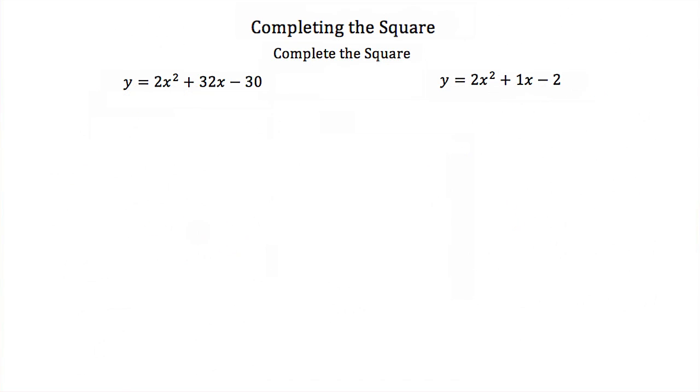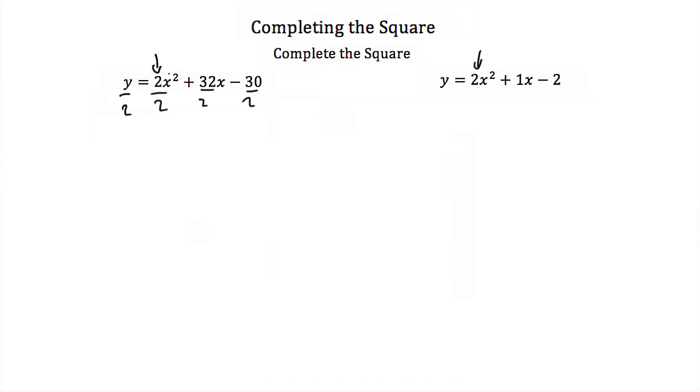Now notice up until now, all of our quadratic equations that we've been completing the square on have had a quadratic coefficient, or leading coefficient, of 1. So can we still complete the square when we have a leading coefficient that's not 1? Well, no. So if we want to complete this square, we have to divide everything by 2 in this equation.